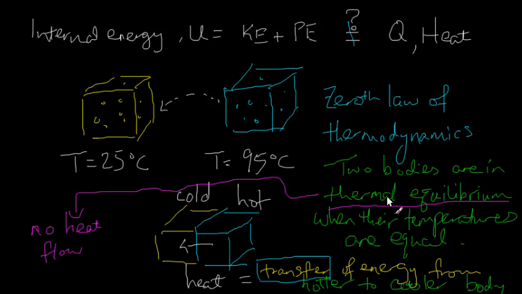That's the fancy way of saying no heat flow. We like fancy terms in physics. So in everyday English, two bodies have no heat flow between them when the temperatures are equal. Pretty obvious from our everyday life, but we call it the Zeroth law of thermodynamics.